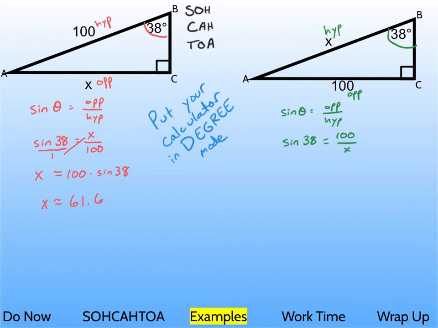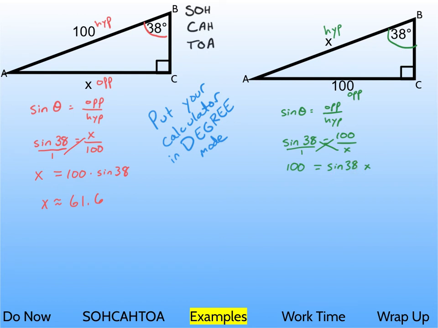So the same exact way, we're going to do sine of 38 over 1. Then we're going to cross multiply. We get 100 times 1 is 100. And then we get sine of 38 times x. Well, that's just sine of 38 times x. Now, this looks weird, right? Because there's letters, there's numbers, who knows? This is just a number. If you type it into a calculator, you get a number out of this thing.